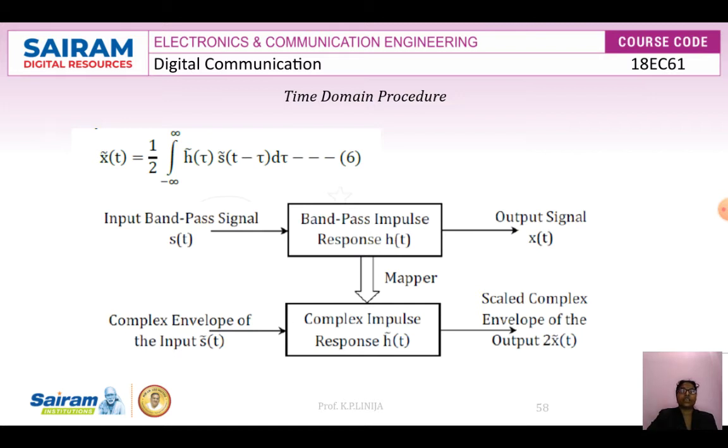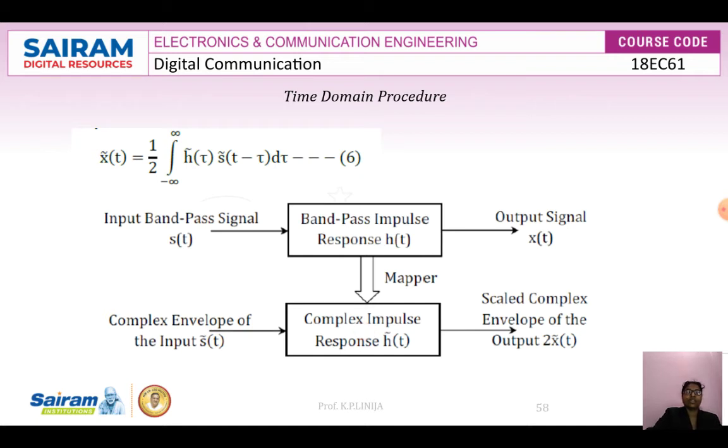So from this equation, apart from the scaling factor 1 by 2, the complex envelope x bar of t of the output of a bandpass system is obtained by convolving the complex impulse response h bar of t of the system with the complex envelope s bar of t of the input signal. So here it has been seen that the input signal s of t is given to the bandpass impulse response h of t, and this h of t is mapped with the complex impulse response h bar of t.